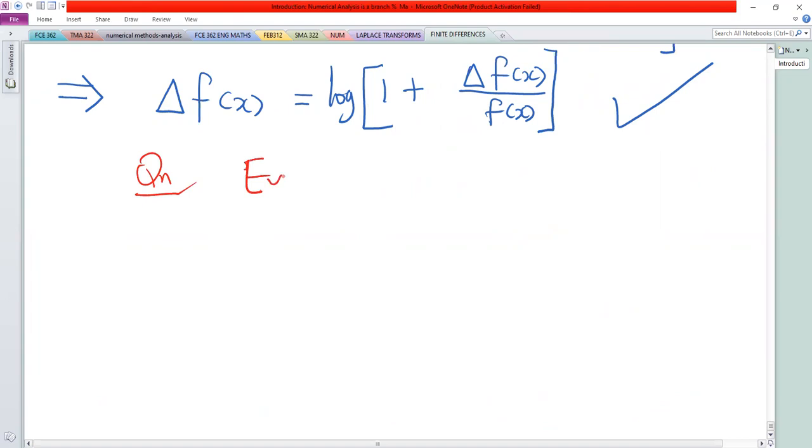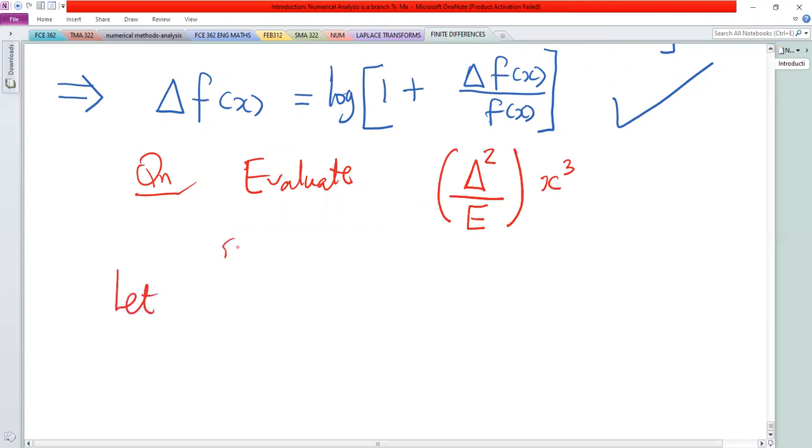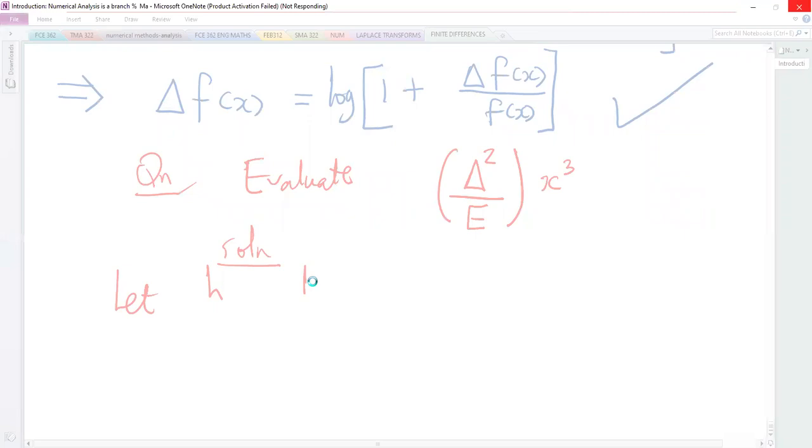Evaluate second forward over shift applied to x cubed. So here we'll say, let for solution h be the interval of spacing.